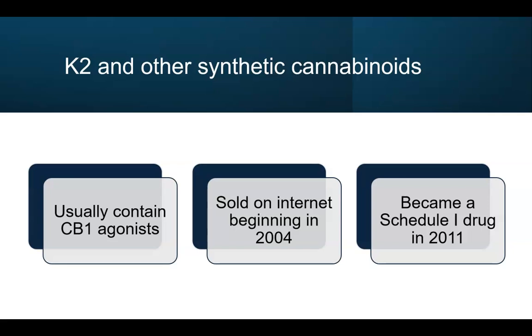So around 2004, you get to hear about substances called K2 or spice or things like that. These synthetic cannabinoids contain CB1 agonists, and they started being sold on the internet 20 years ago. So it was kind of a way to get a legal high, similarly to how people did that with bath salts for amphetamines.